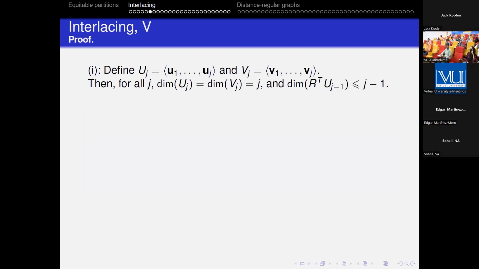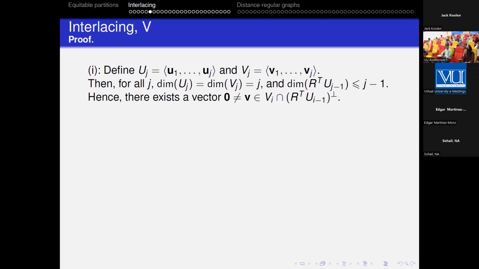Clearly the dimension of R transpose U_{i-1} is at most i minus 1, because if you multiply the vectors they may no longer be linearly independent, so the dimension can only decrease, not increase.